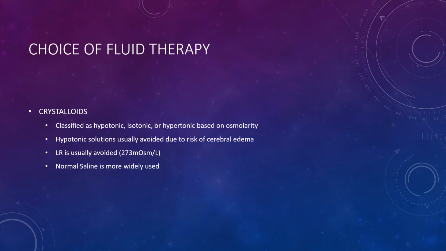So crystalloids, one of the choices for fluid therapy, are classified as hypotonic, isotonic, or hypertonic based on their osmolarity. Hypotonic solutions here, again, are usually avoided due to their increasing the risk of cerebral edema. And so lactated ringers is avoided in this case, and normal saline is more widely used.